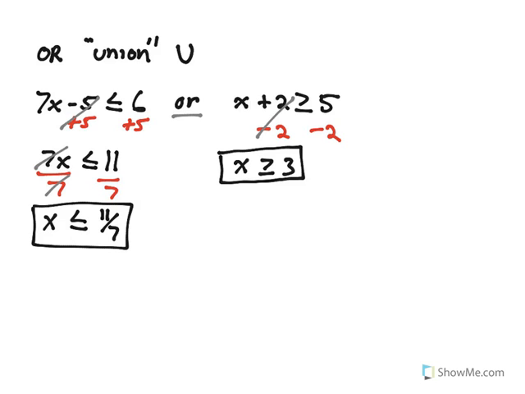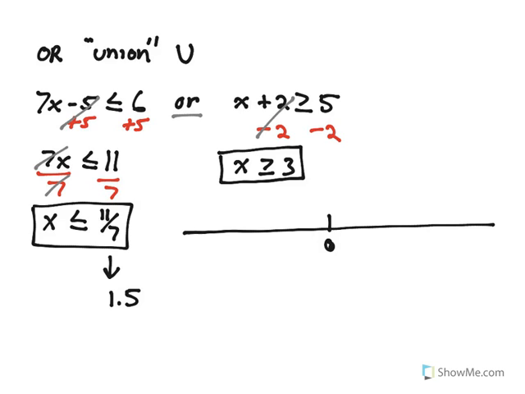And now we're going to graph these, okay? I like these because I don't have to write separate graphs, and you'll see what I mean. First of all, 11 over 7 is about 1.5.